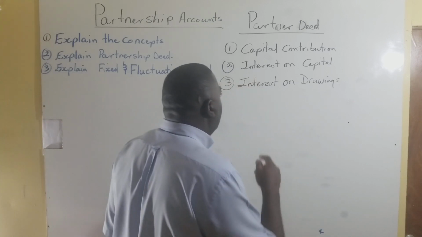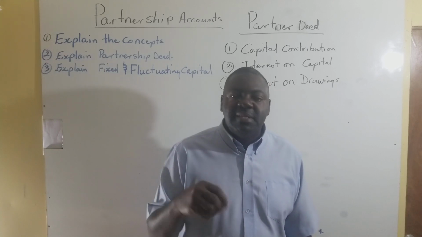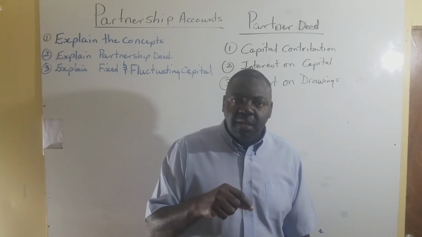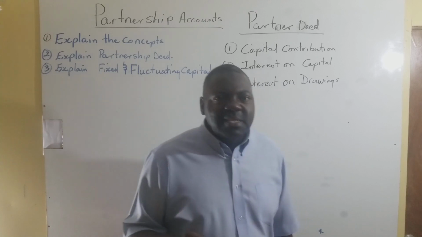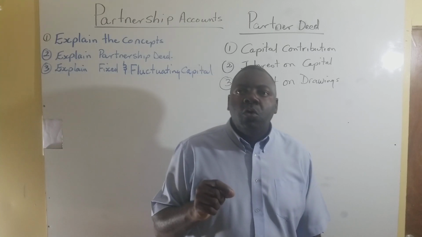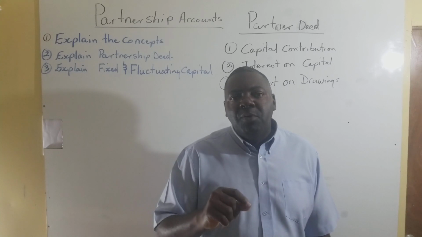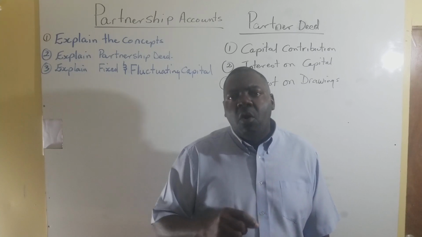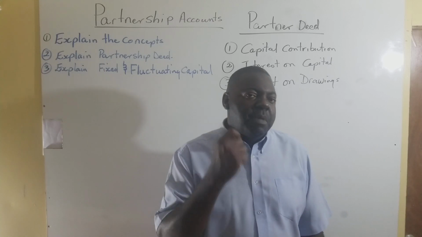So drawings is any resource that is taken out of the business by the owner for his or her private use. Now, the concept of interest on drawings was to more or less limit or put a reduction on the level of withdrawal from the partnership.